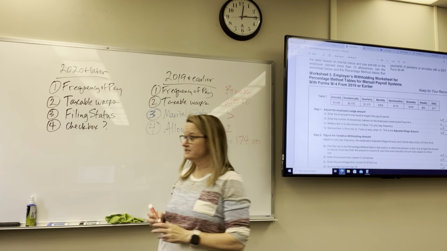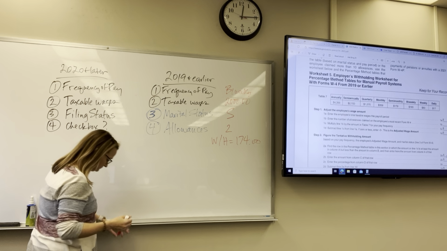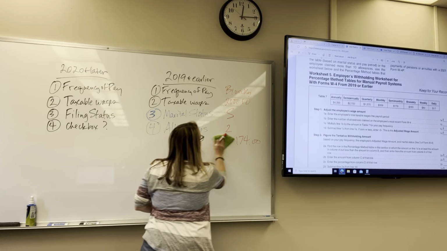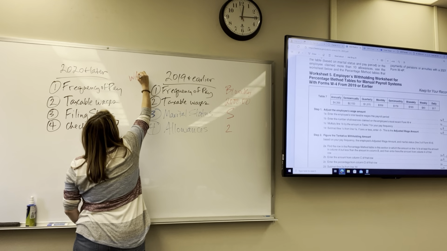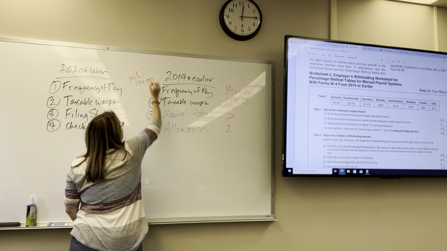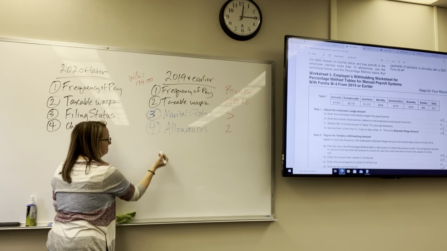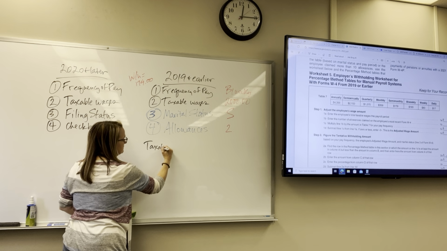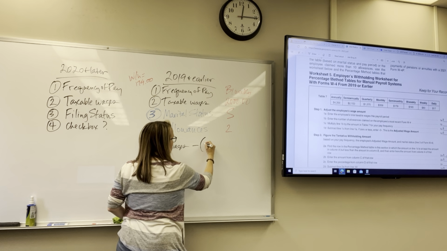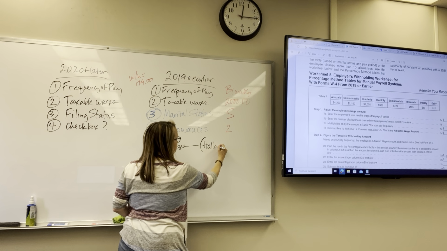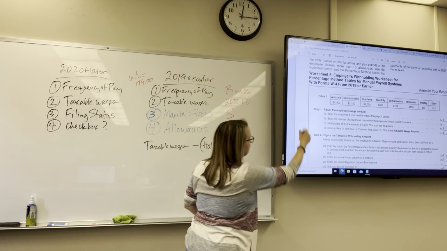So again, we're going to start with our taxable wages. Remember, our withholding here was $174. We're going to take taxable wages, and we have to subtract the number of allowances times the table amount.